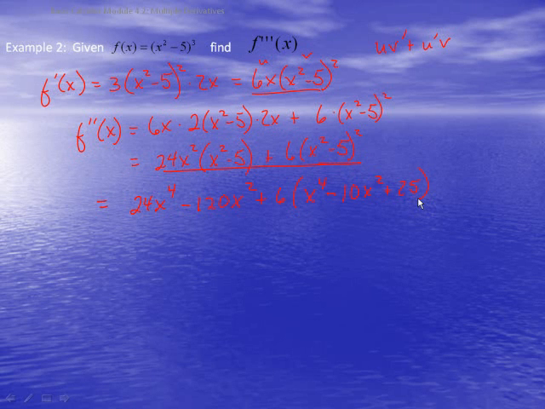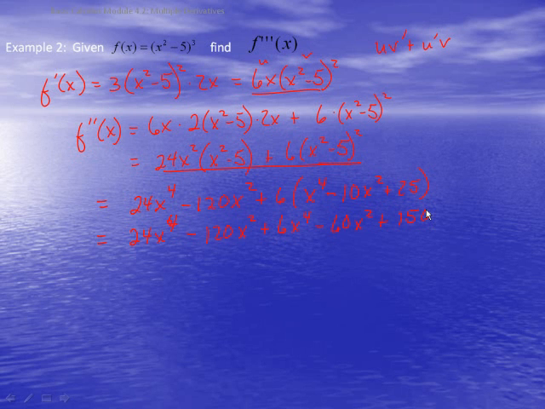And then I'm going to distribute the 6 in, so that'd be 24x to the fourth minus 120x squared plus 6x to the fourth minus 60x squared plus 150.